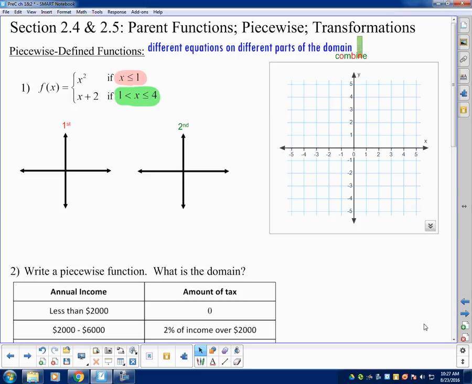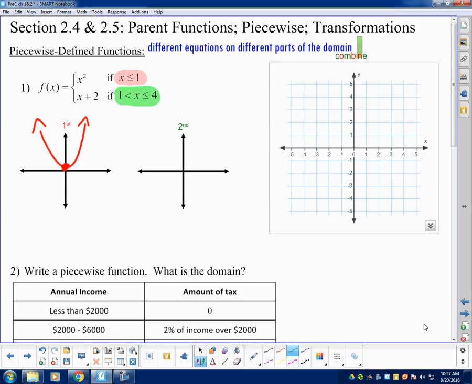So we have f of x equals x squared if x is less than or equal to 1. That's just saying that if I were to graph my first one without the restriction of x is less than or equal to 1, it would look like this, just as a parent graph that is a parabola going through the origin here. And then the other one is f of x equals x plus 2.